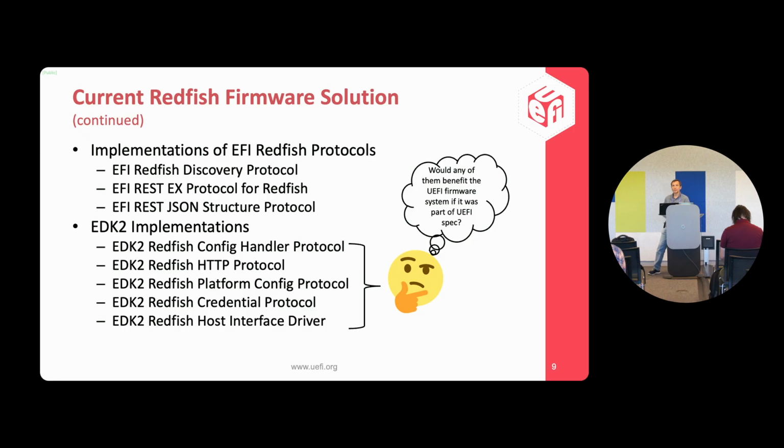We have the Redfish HTTP protocol. This protocol enables HTTP communication between feature drivers and the Redfish service. It allows drivers to issue RESTful requests while providing a mechanism to handle Redfish HTTP specific errors.